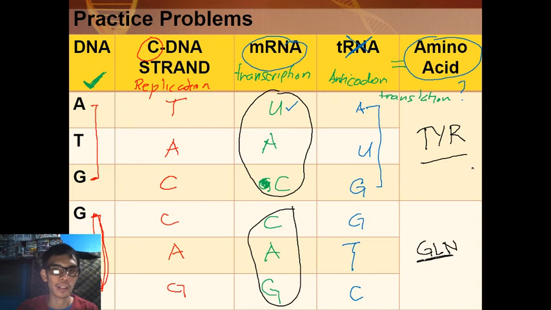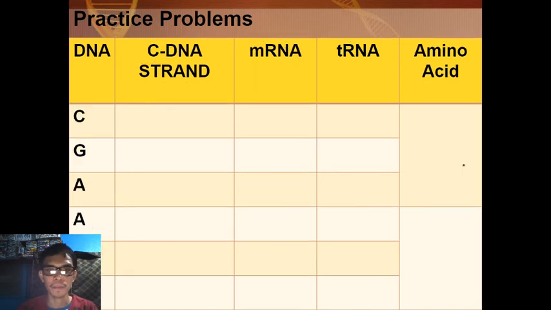So let's have more exercises here about protein synthesis. You can pause this video if you want to, so you can try out for yourself what the answers will be on the blanks right here. So let's take a look at the complementary strand DNA.